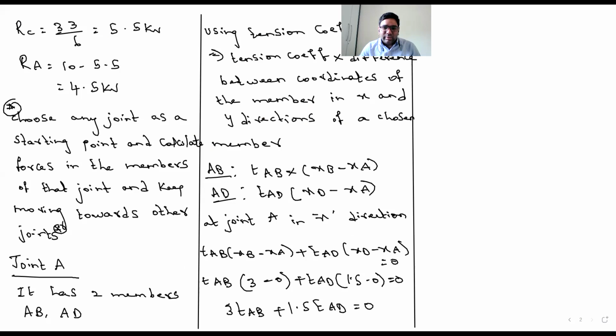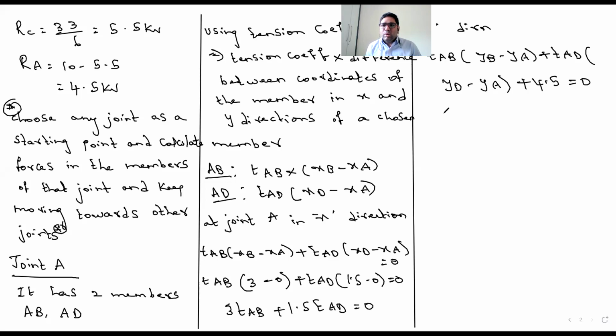Like that in y direction: TAB into YB minus YA plus TAD into YD minus YA. YB and YA are 0 and 0, and 2.6 minus 0, and at A we got plus 4.5 reaction is equal to 0.